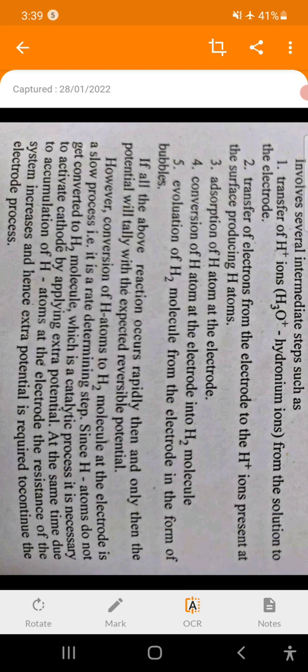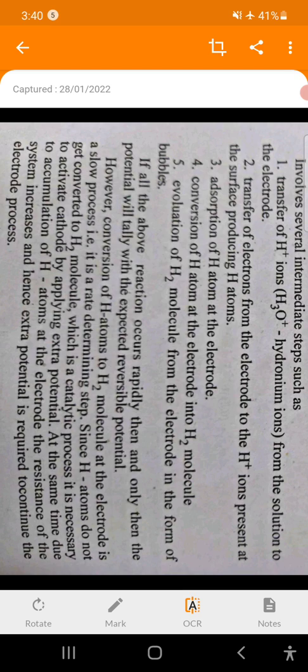If all these four steps take place smoothly, with no difficulty in any of the steps, then there will be no overvoltage. But actually, one of these four steps becomes difficult. That step is the slow step, which results in development of overvoltage.